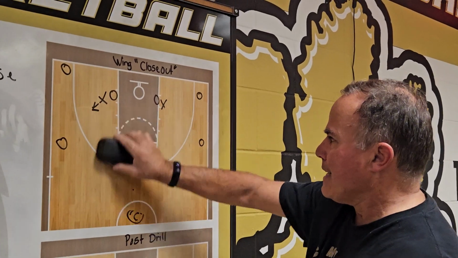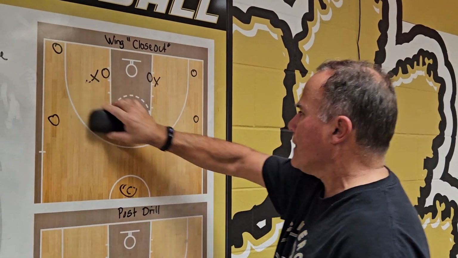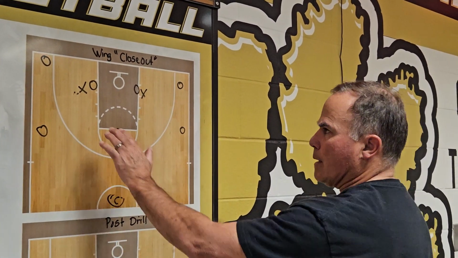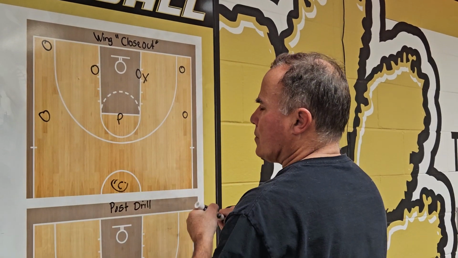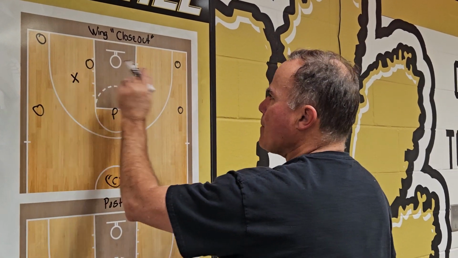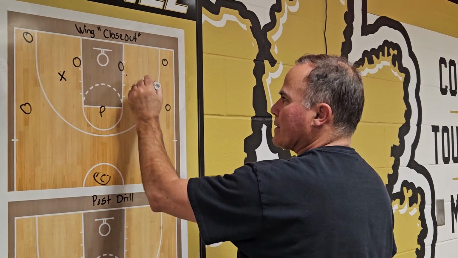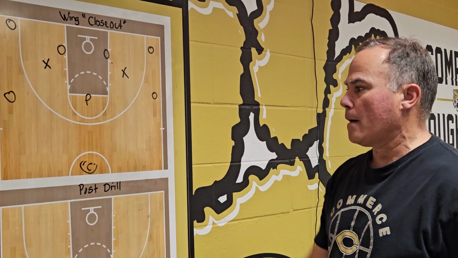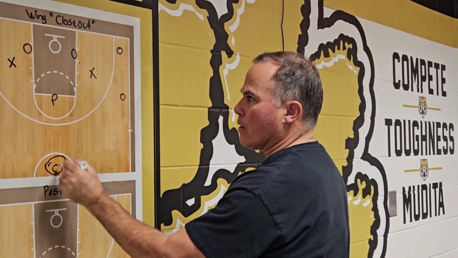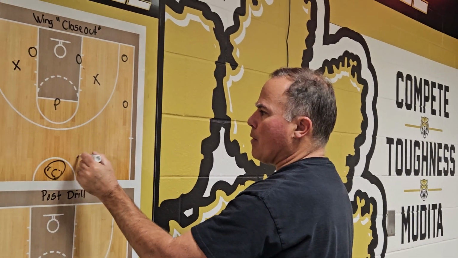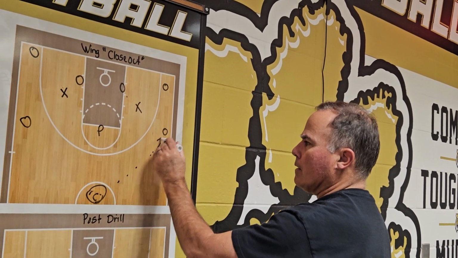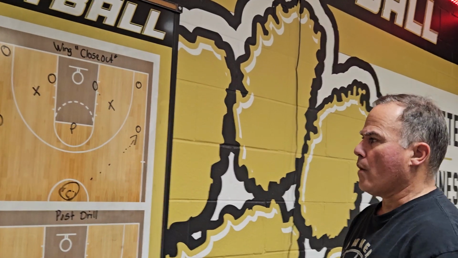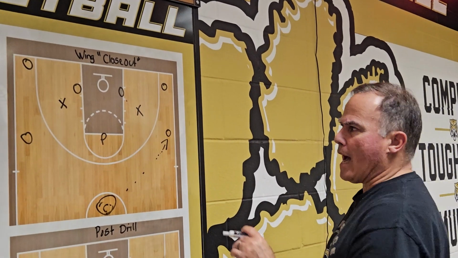For the next phase of the drill, let me move them out just a little bit. We've got to keep them here to protect the low post from lobs and everything. After we take away the passes here, if the ball goes to the wing, this is how we close out.